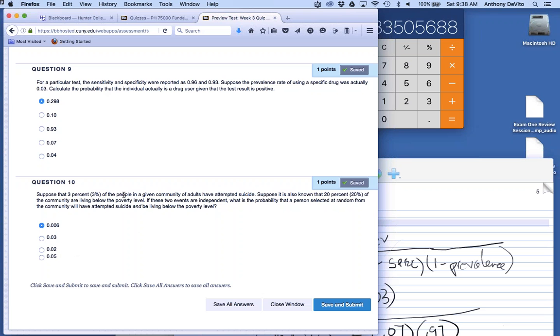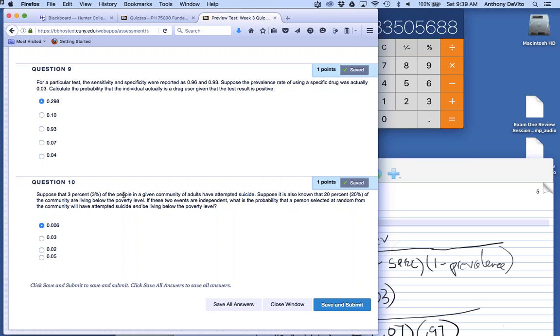In other words, let's say that 10% of a population has red hair, and 20% of the population is left-handed. What's the probability that a randomly selected person will have both red hair and be left-handed? Well, there's no association that I know of between having red hair and being left-handed.